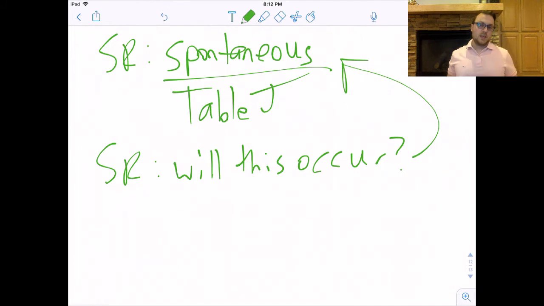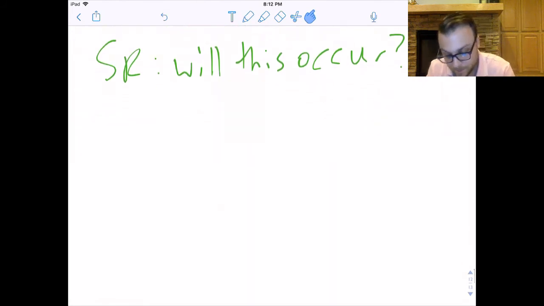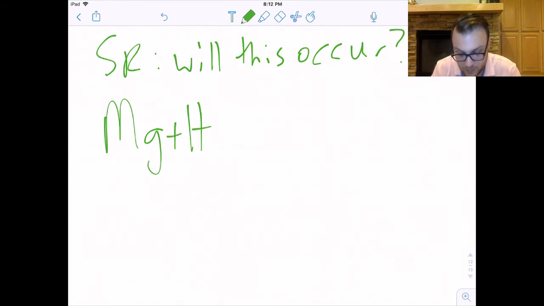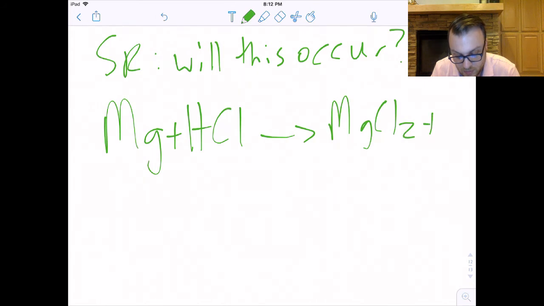So if we do the example from before, we did Mg plus HCl made MgCl2 plus H2. Put a 2 in front to balance. Was this reaction spontaneous? Did I just make it up? Does this reaction occur spontaneously?